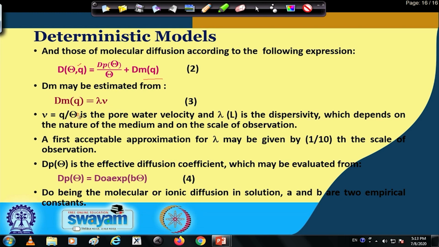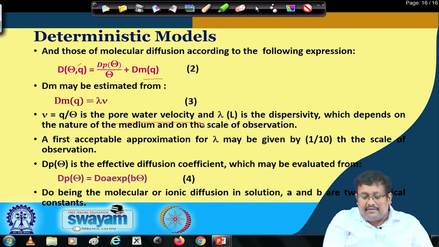Here v is q by theta, which is the pore water velocity, and lambda is the dispersivity.